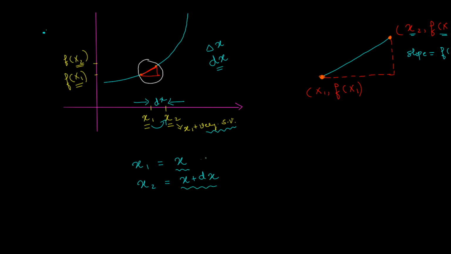And the corresponding values of the function would be f of x1, or just f of x, because now we are calling it this, and the corresponding value of the function over here would be f of, not x2, x plus dx. So that's what you'll have, right?